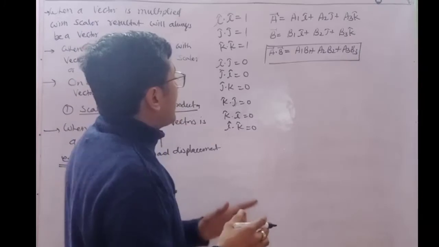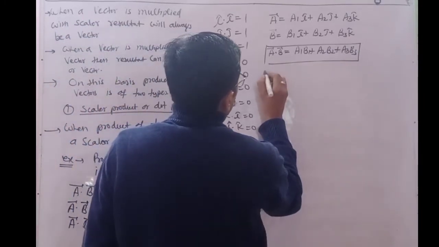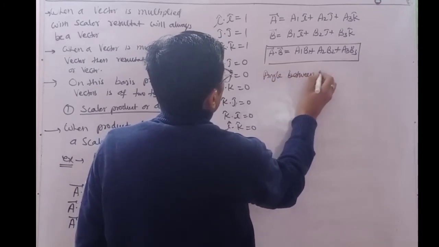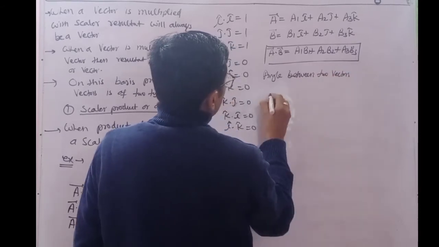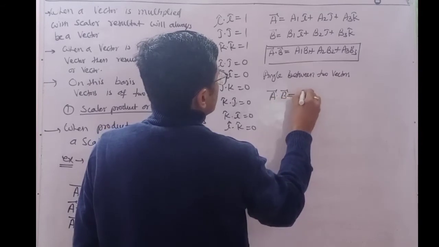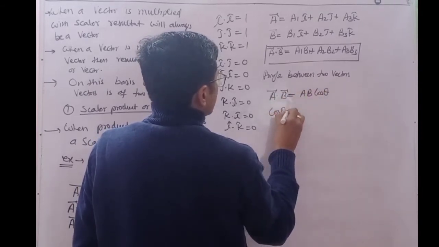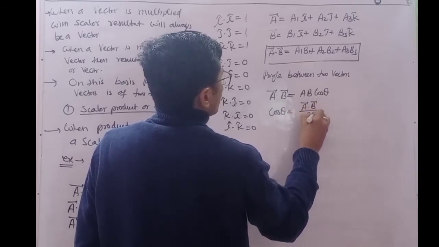Now, how to find the angle between two vectors? It's very simple. The angle between two vectors can be obtained from A dot B is equal to AB cos theta. Then cos theta is equal to A dot B upon AB.